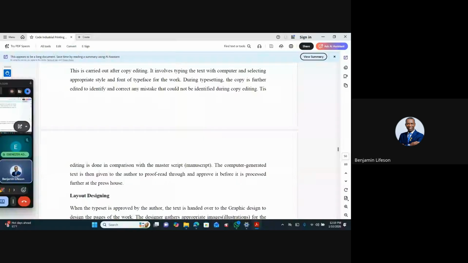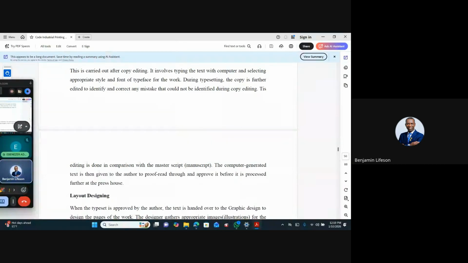It has to go through, you know, hands, so that you would be able to do a good job. All right. So the computer-generated text is then given to the author to proofread through and approve it before it is processed further for the press house. All right. Now, any question?